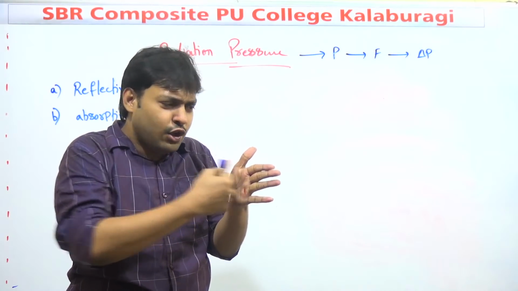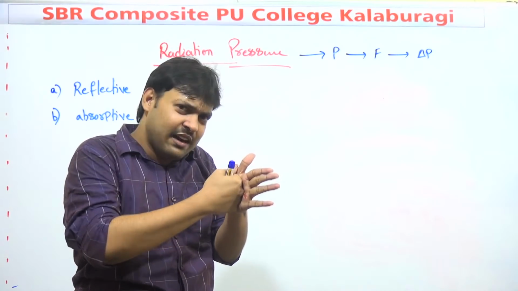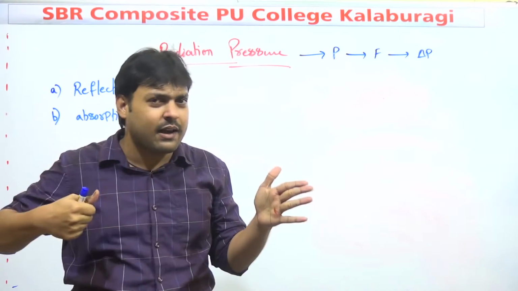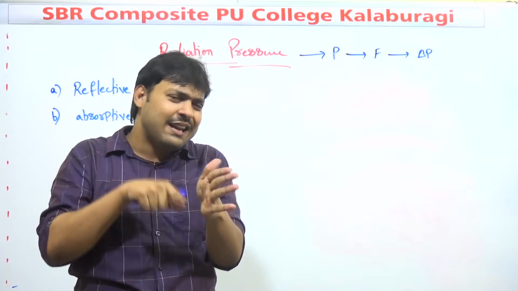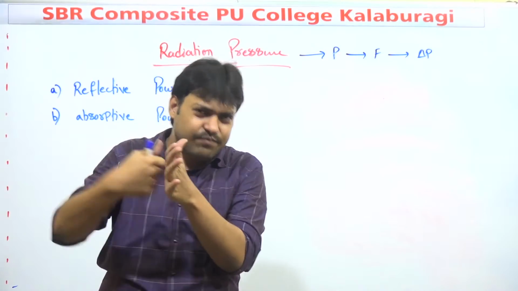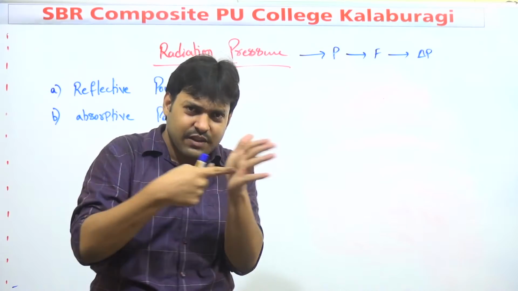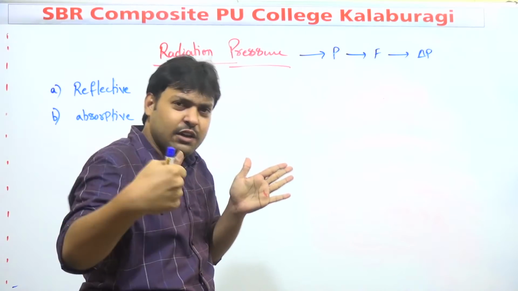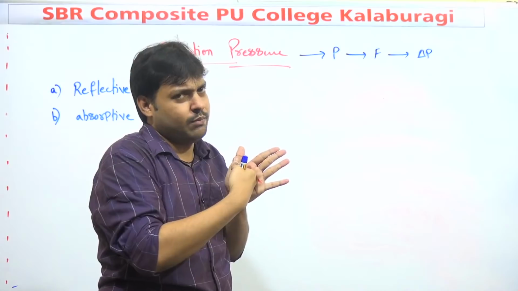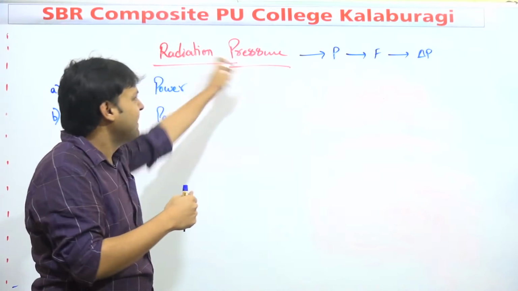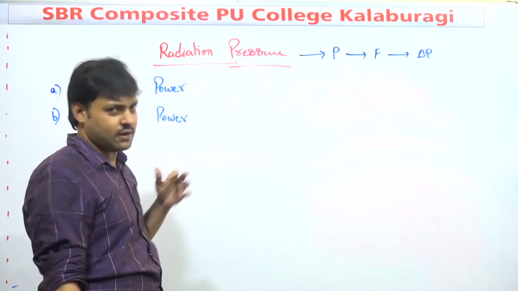If it stays on that area itself, the force will be different. If it comes back, the force will be different. It can't go to the other side. Clear about that point? So reflective and absorptive, both we have to consider on any surface to calculate radiation pressure.